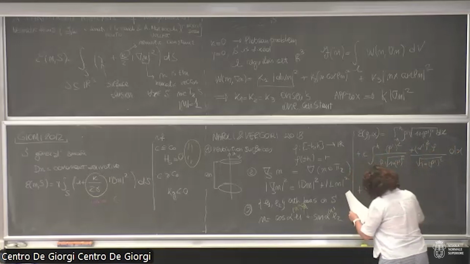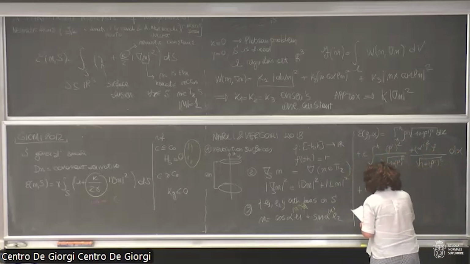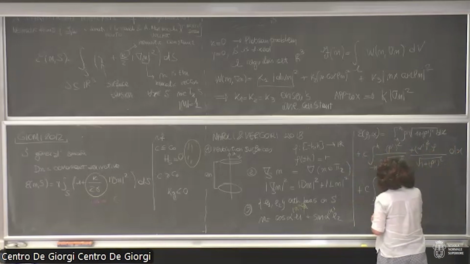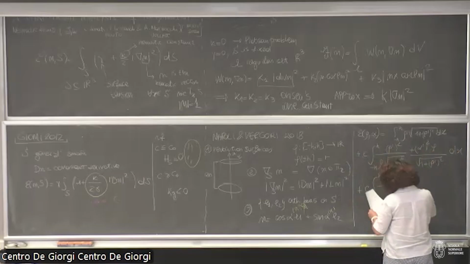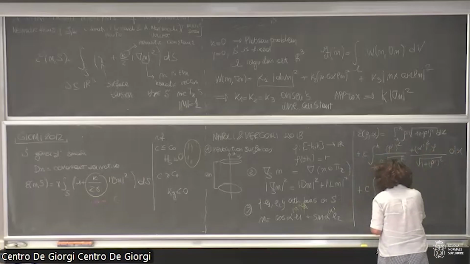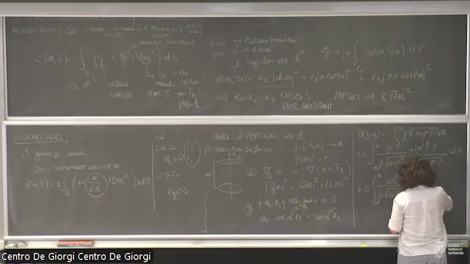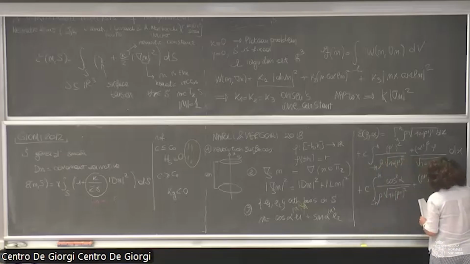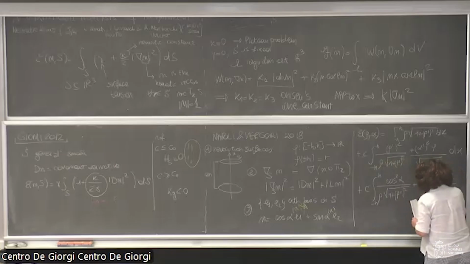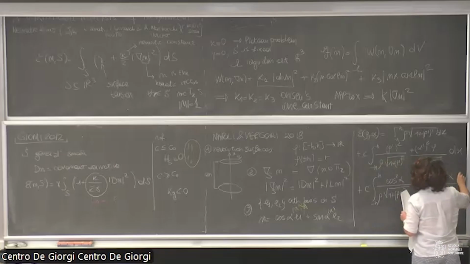plus there are two other terms, minus H, cosine squared of alpha divided by rho square root of 1 plus rho prime squared, plus rho second derivative rho sine squared alpha divided by 1 plus rho prime squared, in x.